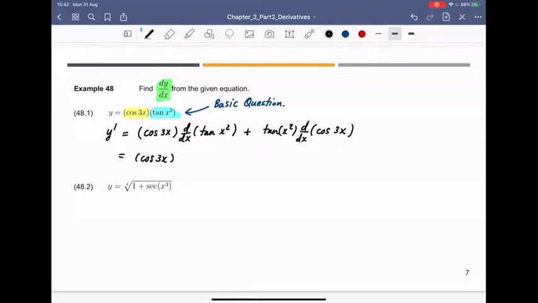I need to differentiate tan of x squared by the chain rule. I'm going to get secant square of x squared and then multiply by 2x. Because by the chain rule, this is tan of x squared, so I differentiate tan first, so I get secant square. And then I need to differentiate the inner function. That means I need 2x.